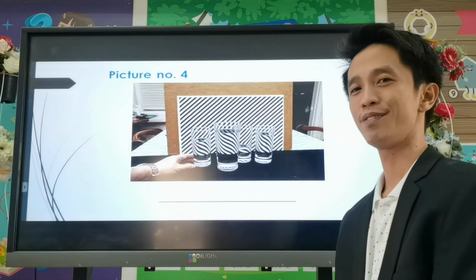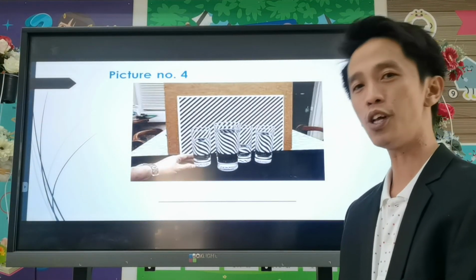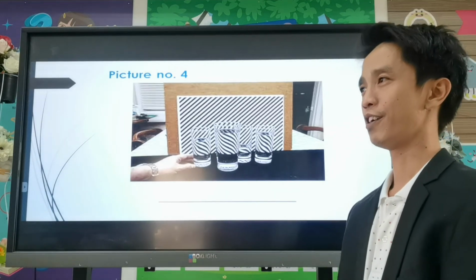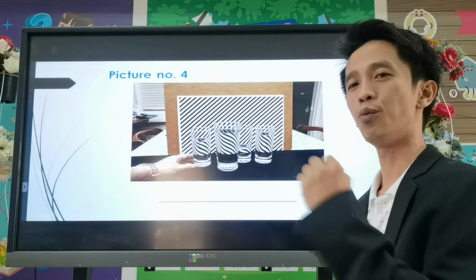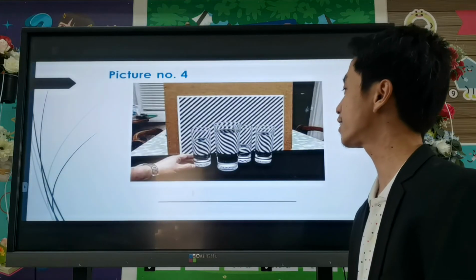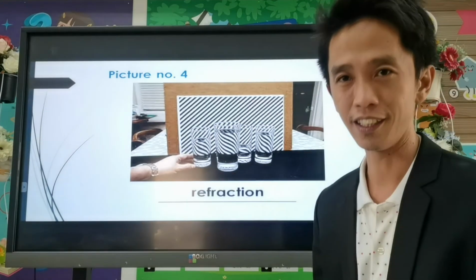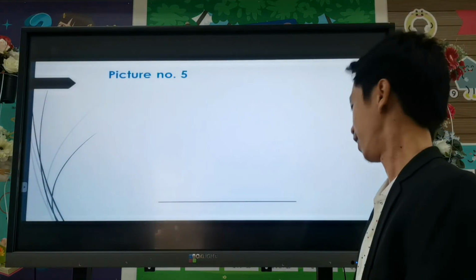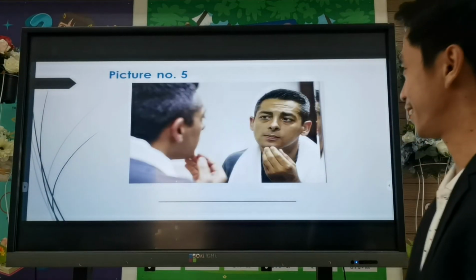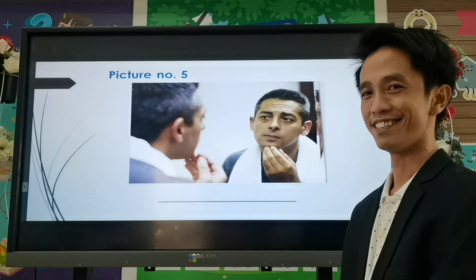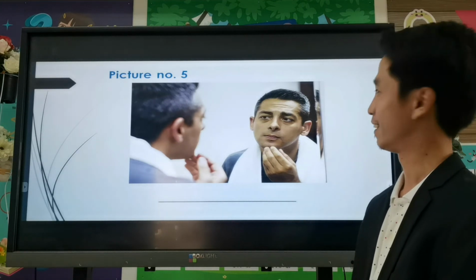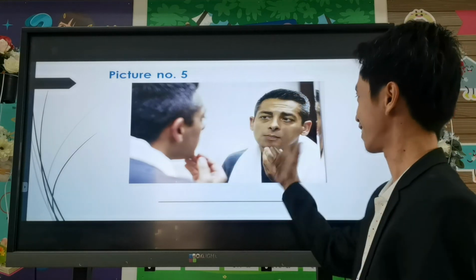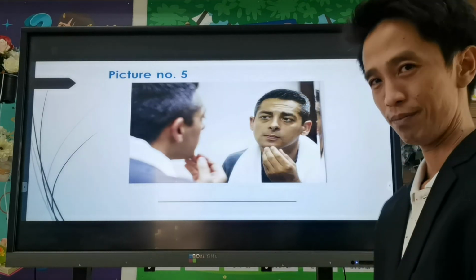Next, how about this one? Picture number 4. Reflection or refraction? Okay, 5, 4, 3, 2, 1. Okay, the correct answer is refraction. Okay, number 5. Look at the size, if it's the same or not.